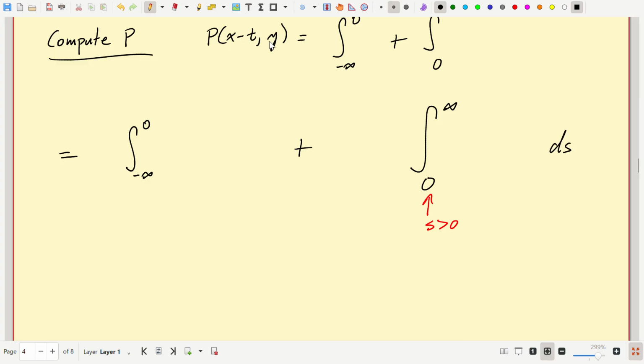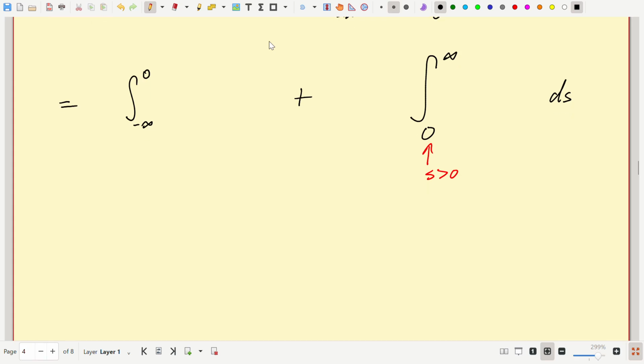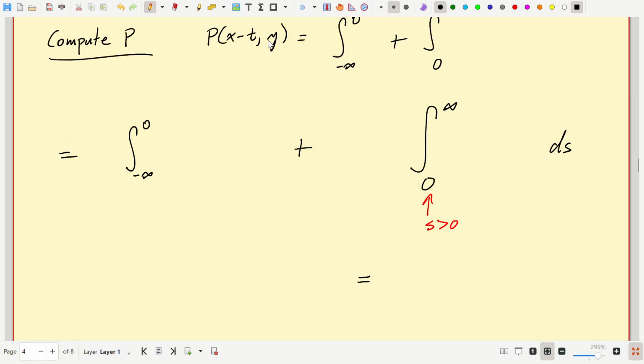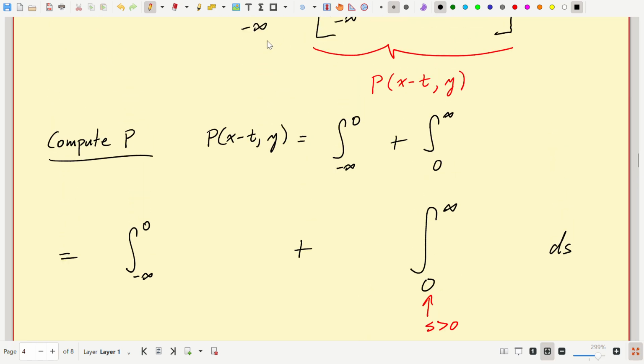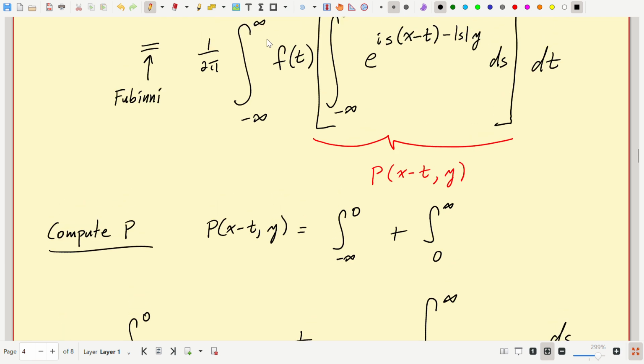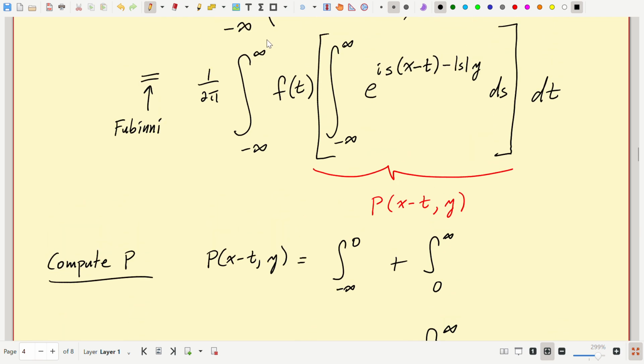So s is positive in that thing, and so that means the function I'm integrating, let's go back and look up here, this is the function I'm integrating. And when s is positive, the absolute value of s is just s. And so I get e to the is times something.